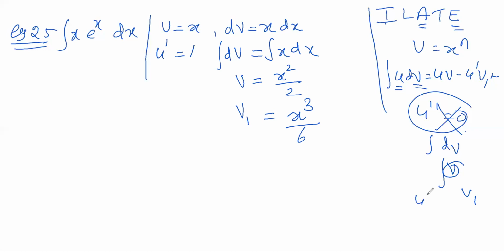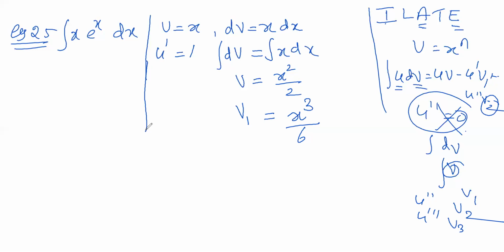Suppose we had u double dash, we would go up to v2. Suppose we had u triple dash, we would stop at v3. That is u dash v1, and after that comes u double dash v2. Now here u dash is equal to 1, a constant, so there is no u double dash. That's why we won't go for v2; we stop at v1 itself.